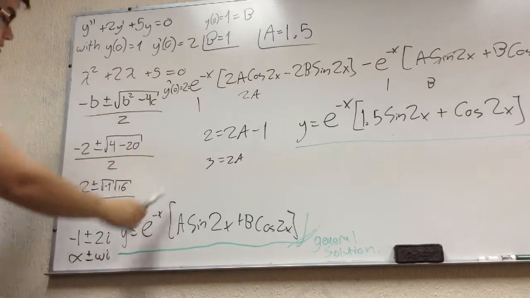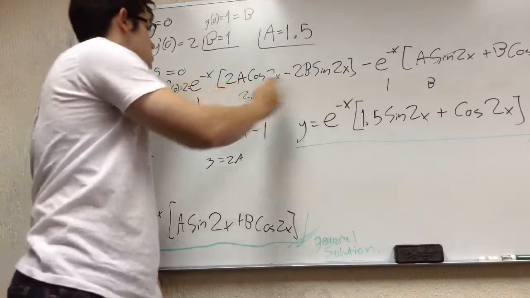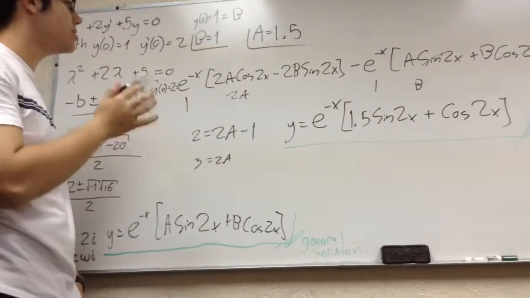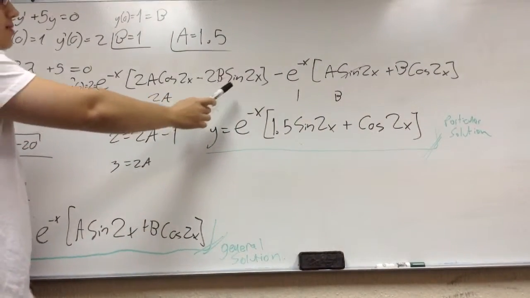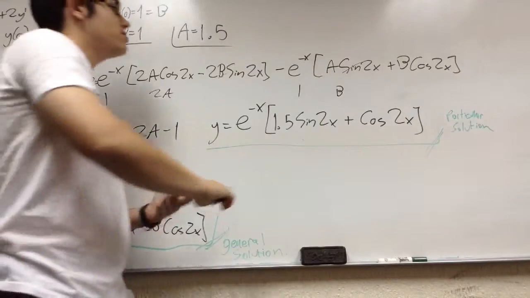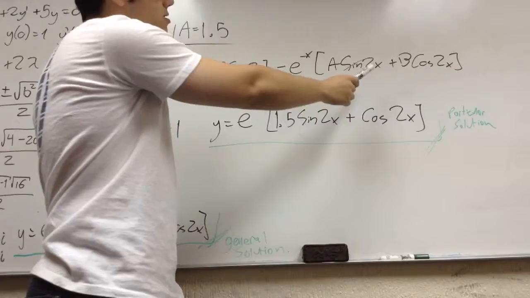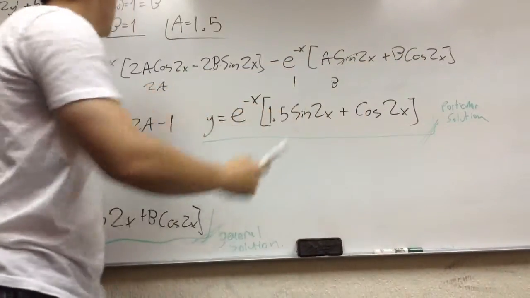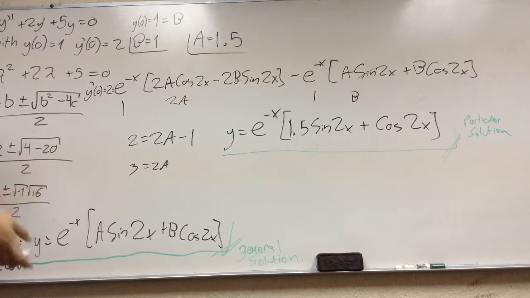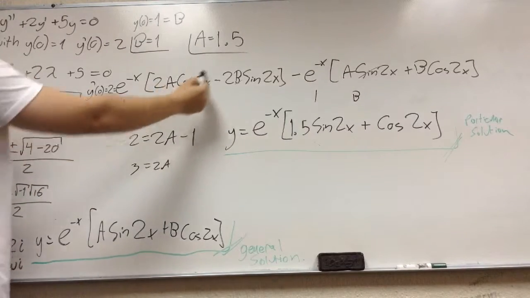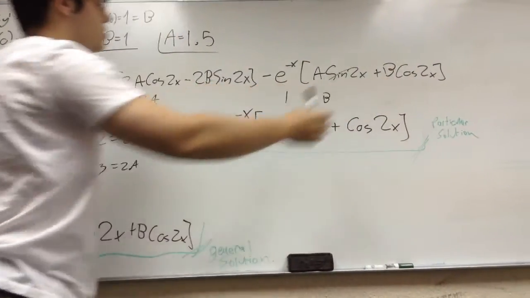Now we differentiate this solution and we find e to the power of minus x times 2a cosine of 2x minus 2b sine of 2x, minus e to the power of minus x times a sine of 2x plus b cosine of 2x. We evaluate y prime of 0 equals 2, so the sines are 0.